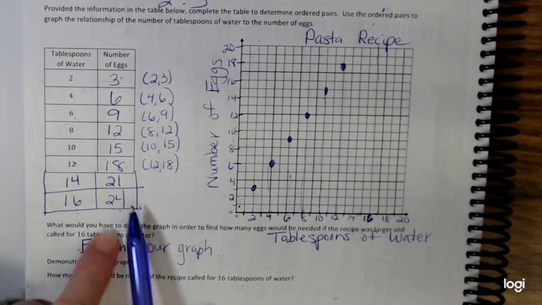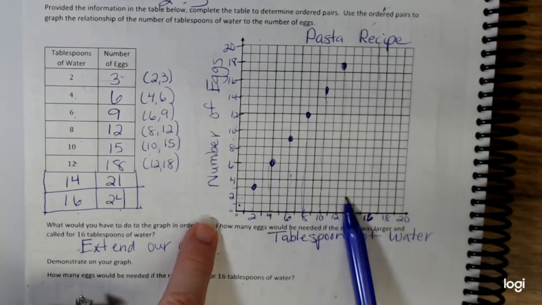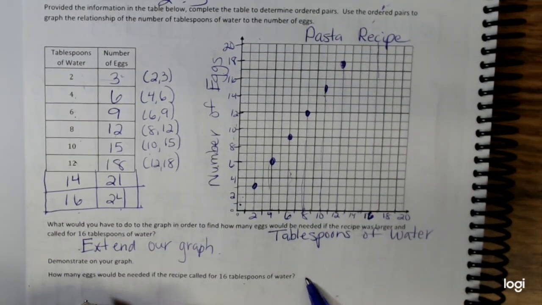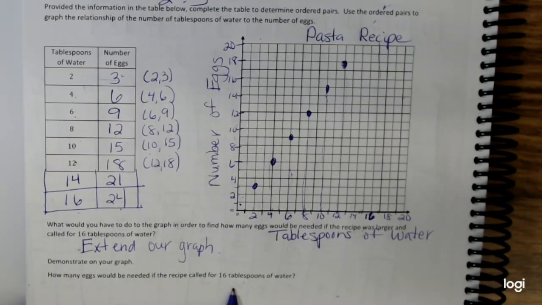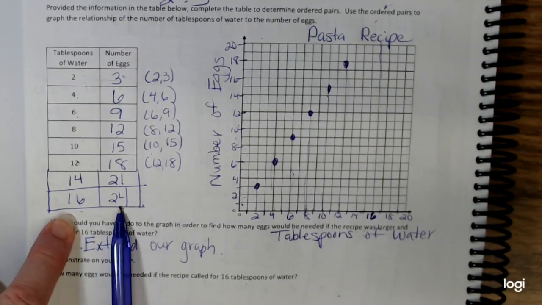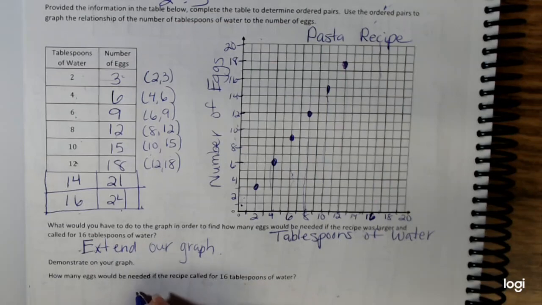So we'd have to extend our graph, whether it would be on our table or whether it would be on our ordered pair, our coordinate grid here. Okay, how many eggs would be needed if the recipe called for 16 tablespoons of water? We found out 24 eggs.